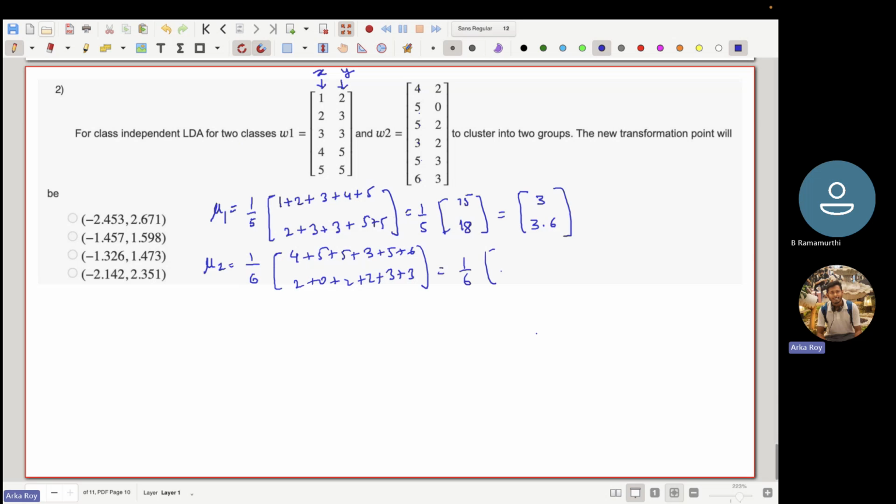The sums are 28 and 12, so this is 4.6, 7, and 2.